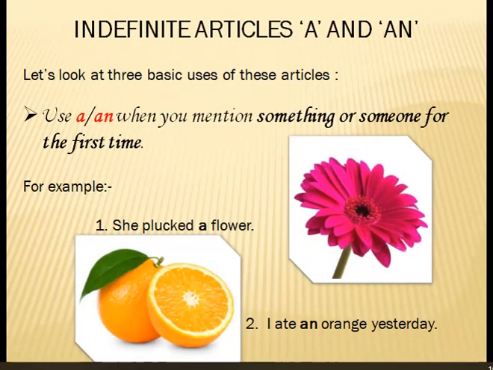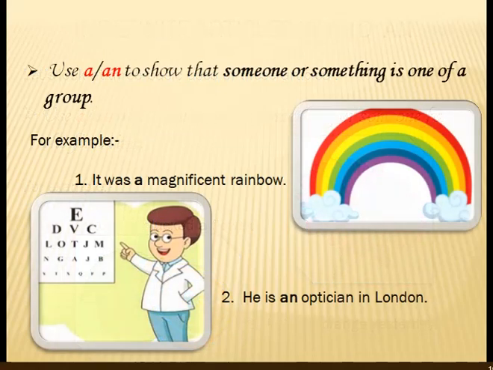Now, how are we going to decide where we are going to use indefinite article a and an? We have 3 basic rules here. The first one, we use a or an when we mention something or someone for the first time. Like she plucked a flower. I ate an orange yesterday. The second one, we use a or an when we talk about someone or something which is one of a group.